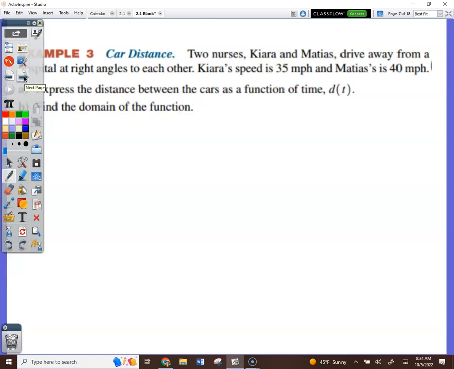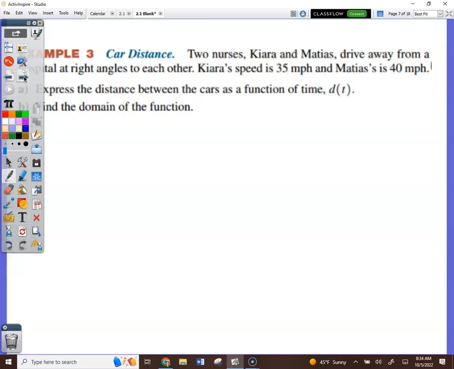Two nurses, Kiara and Mattia. I don't know how to pronounce that. See, when I read word problems, I think, let's go K and M, so that I can focus on the math and not get hung up on what I can't pronounce.